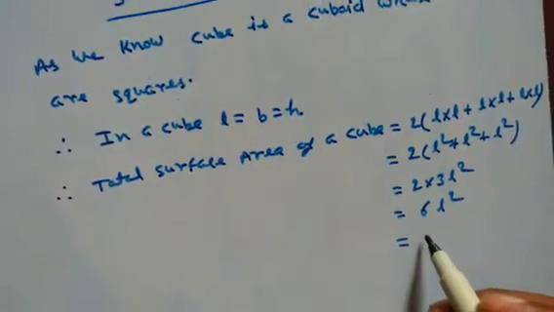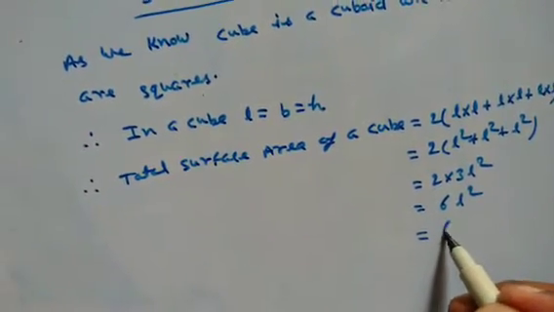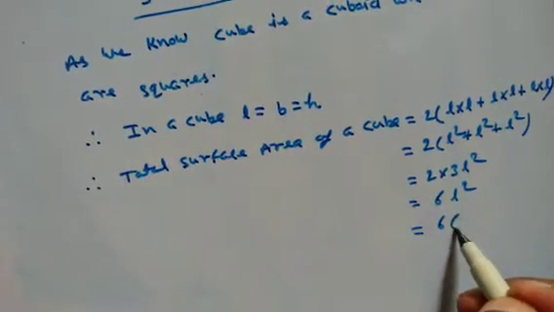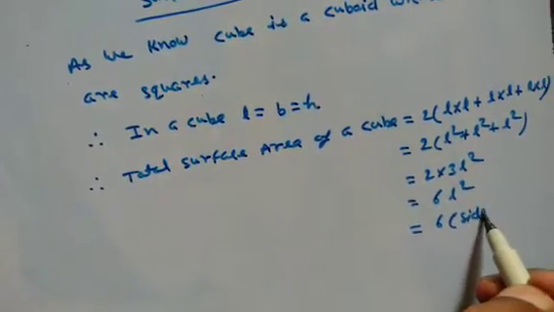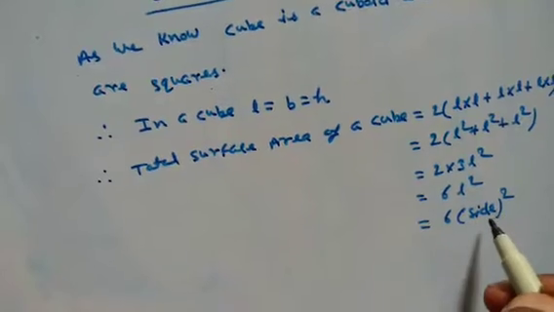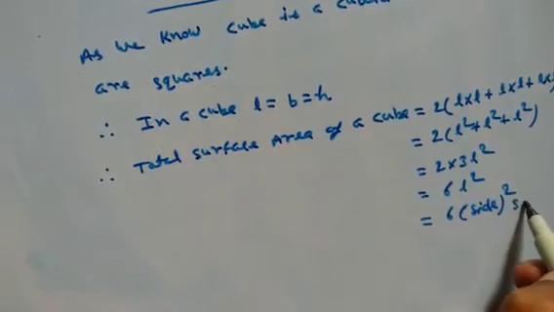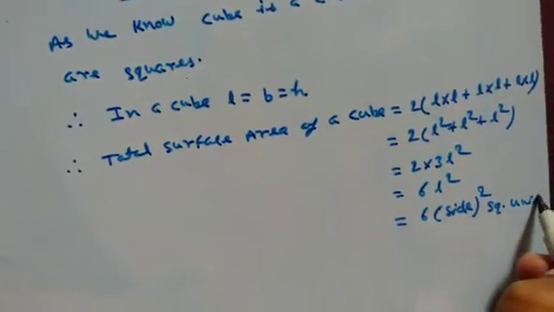We write it also in this form: 6 into side square, L for side, square units.